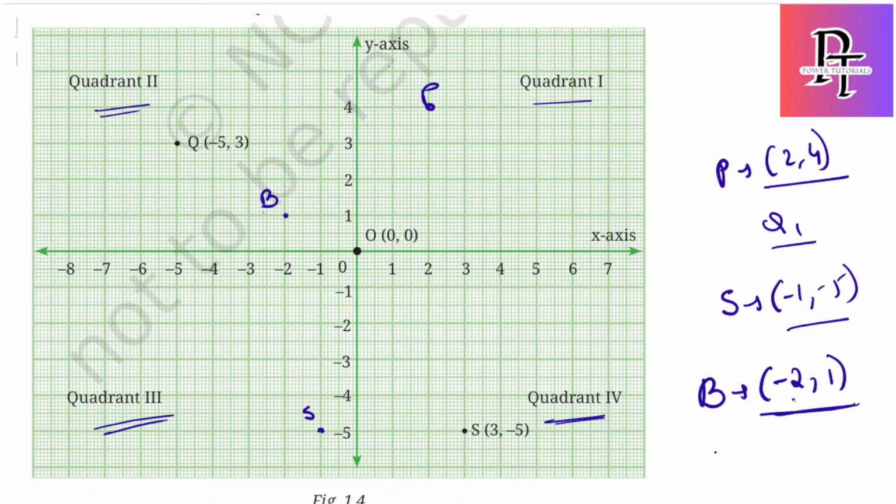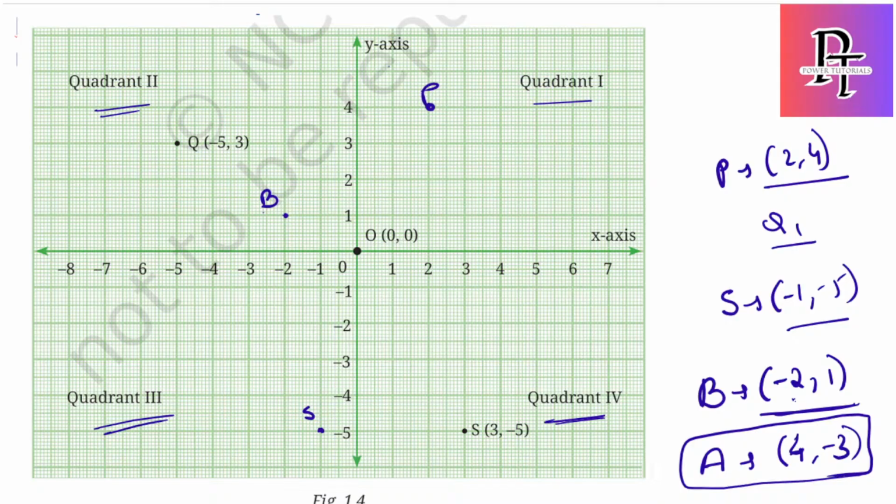In the same way, I'll give one question and I will not give the answer, so whoever is watching this video later has to answer it. I have a point A which is (-4, -3). Which quadrant does it belong to? Kindly mention it in the comment section.